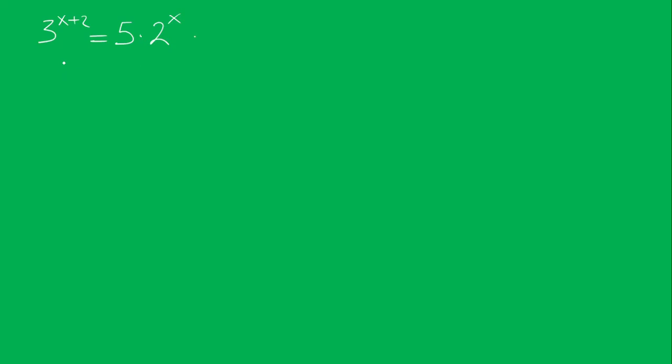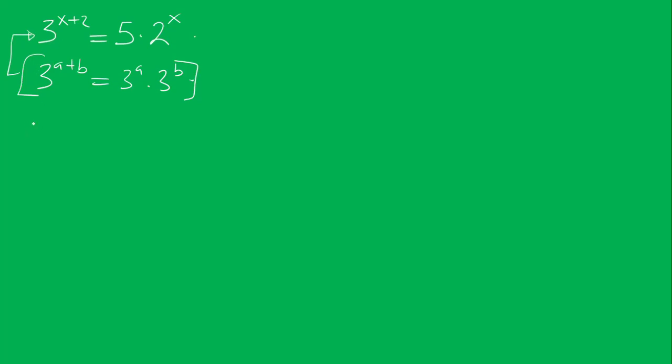To solve this, we know the law of indices, where 3 to the power a plus b is the same thing as 3 to the power a times 3 to the power b. So we're going to use this expression on this particular term.